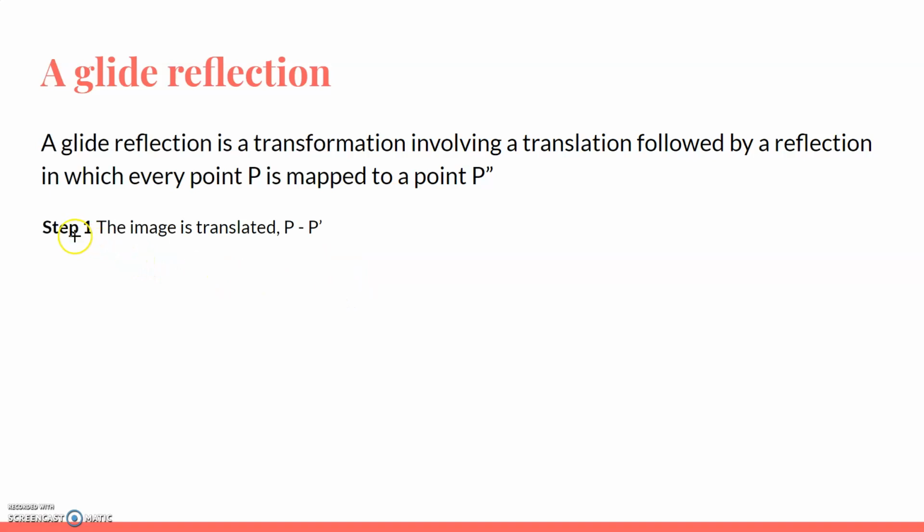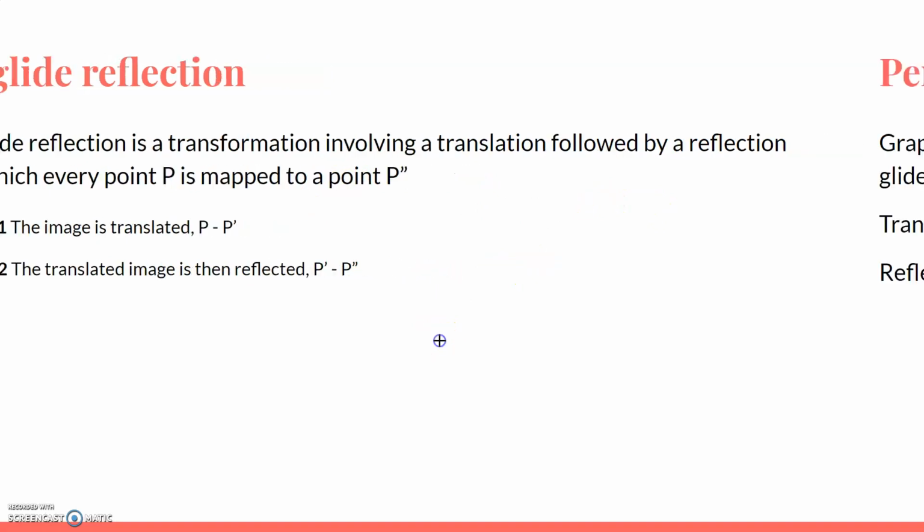So how this would look: step 1, the translation occurs. So P goes to the second point, the translated image, and then after the translation, the image is reflected to create the two transformations.